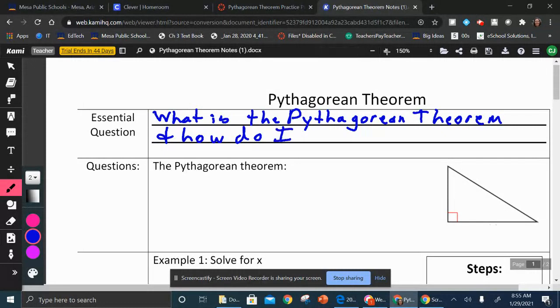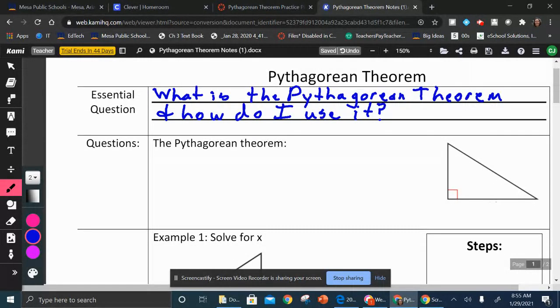And how do I use it? So how are we going to use the Pythagorean theorem? Okay, so Pythagorean theorem, everybody, states the squares of the legs is equal to the square of the hypotenuse.